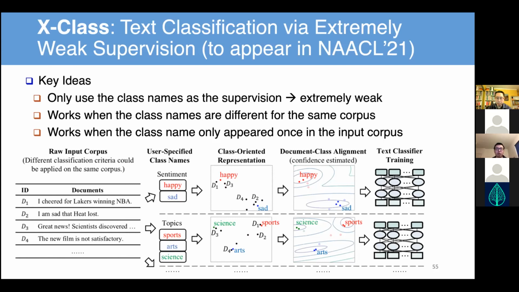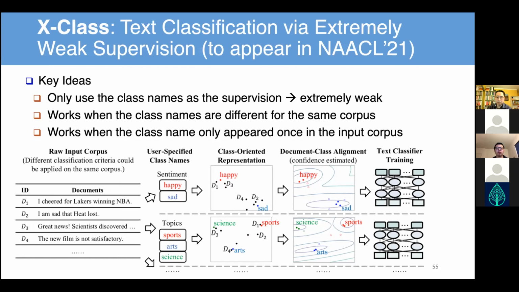Yes, we do have a data set called DBpedia, and we tested that as well. In this paper, we conducted very extensive experiments using, I forgot, 8 or 9 data sets for the evaluation. We covered sentiment analysis, news topic classification, and also scientific article classification or Wikipedia article classification.